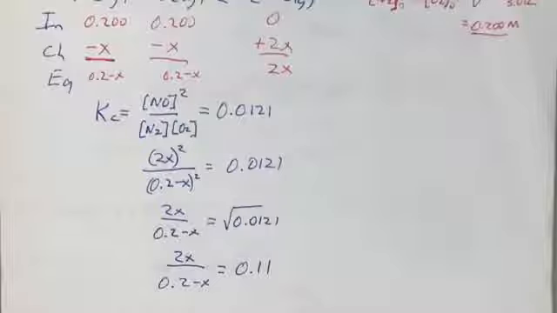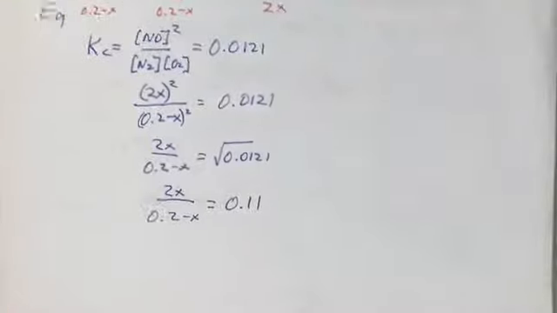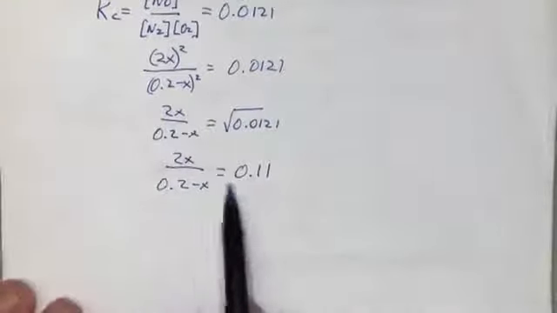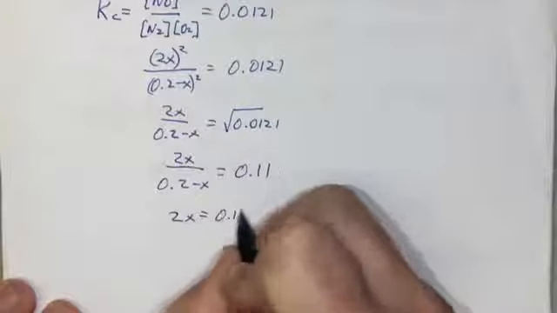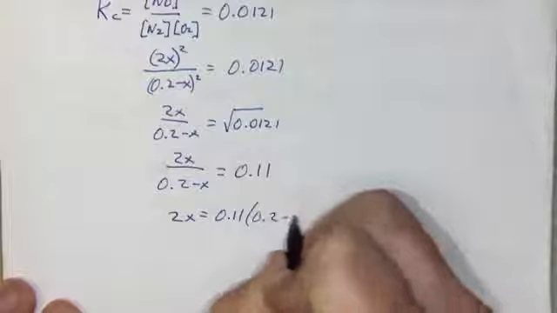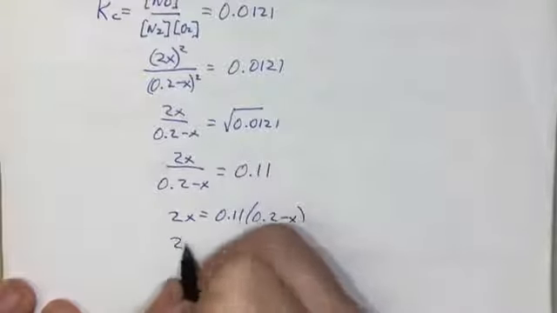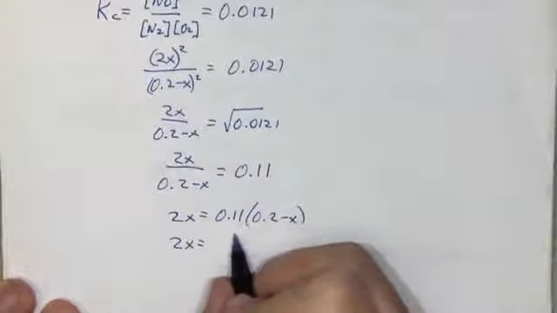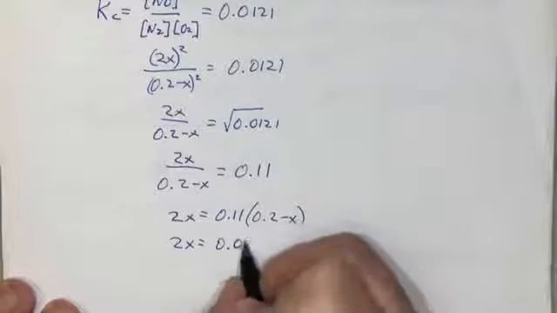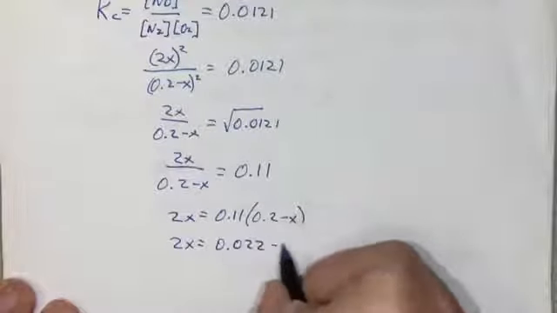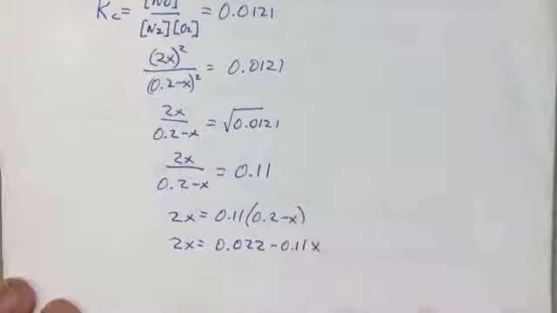So now it's just a matter of solving for x. We need to cross multiply. I will multiply both sides by 0.2 minus x to get that out of the denominator. 2x equals 0.11 times 0.2 minus x. I will multiply across in order to remove the parentheses. 0.11 times 0.2 is 0.022 minus 0.11x. Now let's get all the x terms over on the left side.